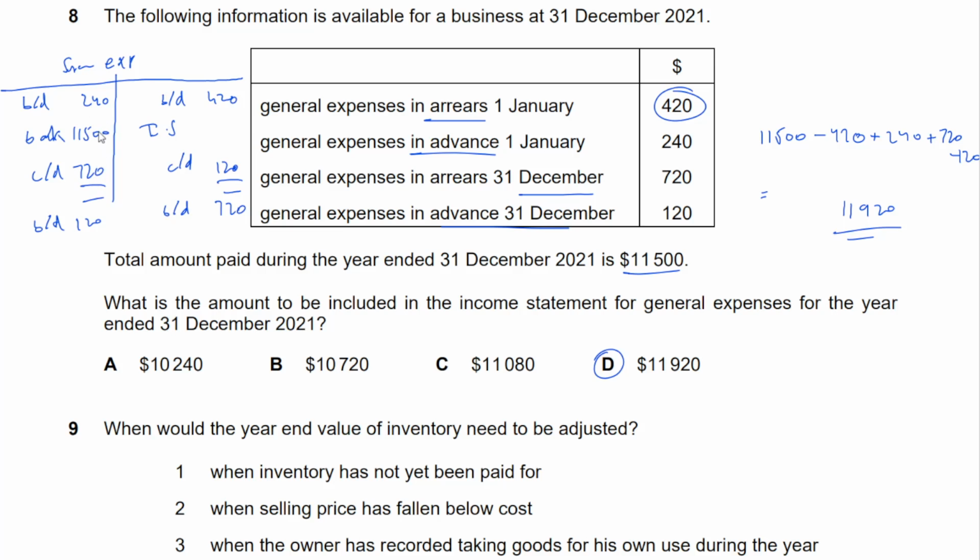And when you look at the balancing figure, that is 11,500 plus 240 plus 720, that's going to be 12,460. 12,460 minus 420 minus 120, that is 11,920. All right, we got the same answer both ways.